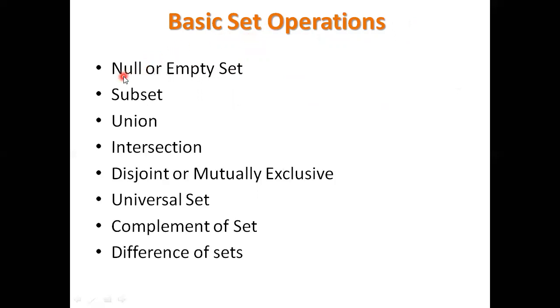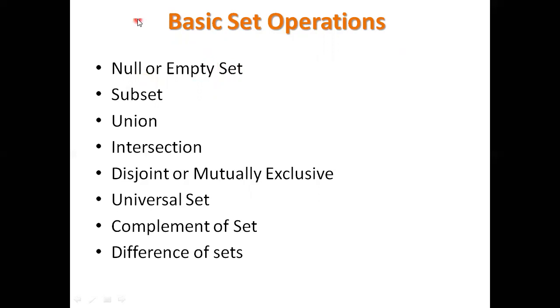The first set operation used in digital image processing is the null or empty set. Null set means that if we are not getting any element in that set, then that set is called a null set or empty set.